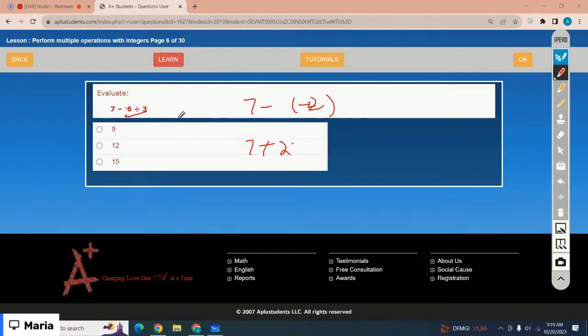It would be 7 plus 2, and 7 plus 2 is 9. So the correct option is 9, right?